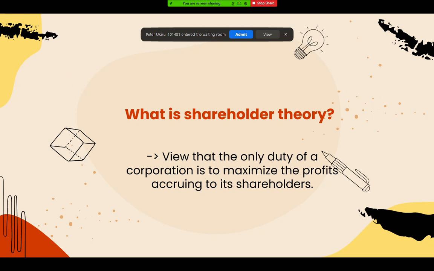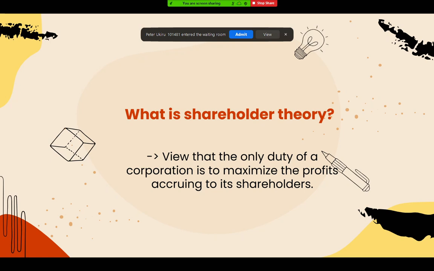So the shareholder theory, which was originally proposed by Milton Friedman, believed that if businesses are engaging in other responsibilities apart from maximizing profits, it wasn't considered a right way to do business. So Milton believed that businesses do not have any other obligation at all other than to maximize profits.